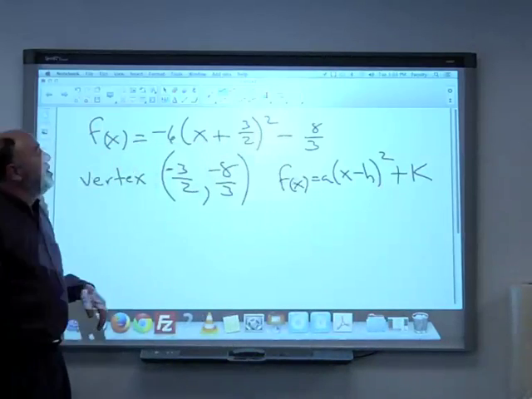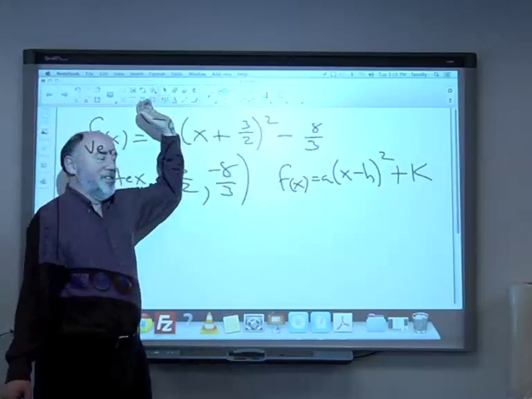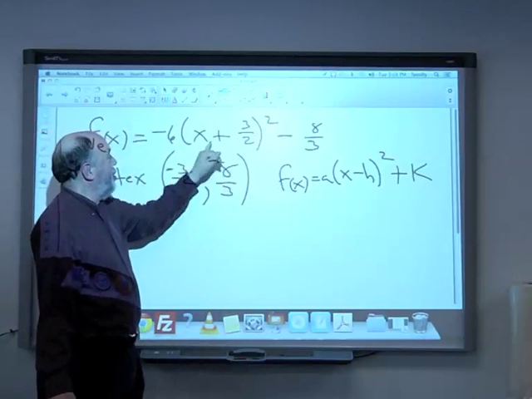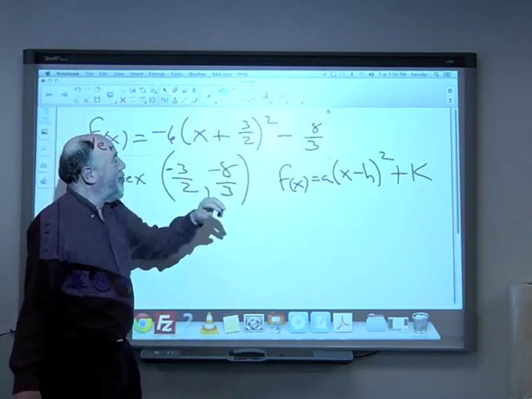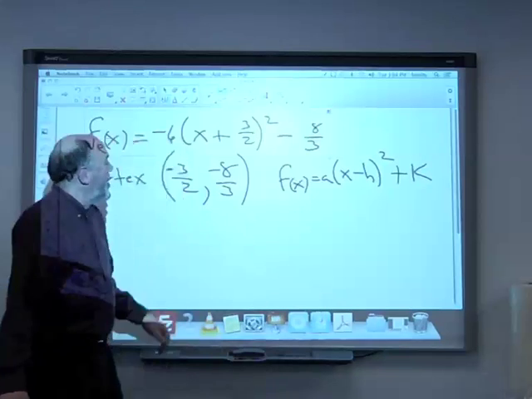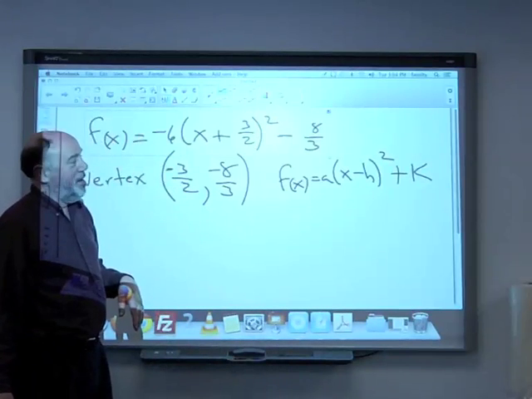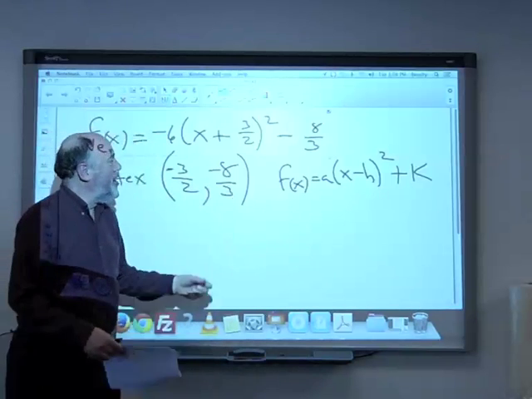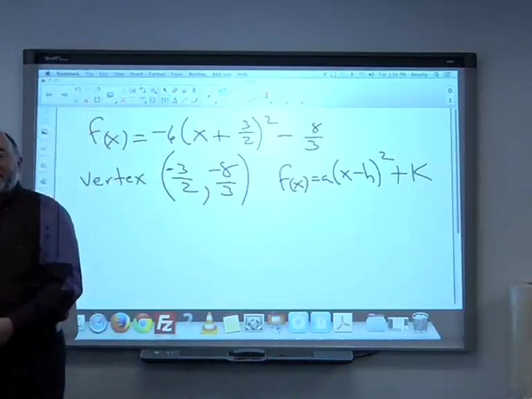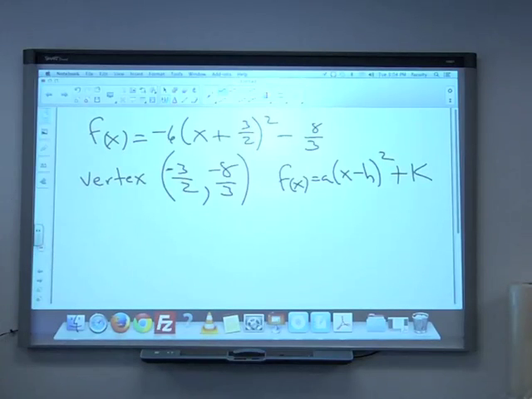Here's my format, which I had a couple pages back. In order for this to be a plus, h itself had to be a negative. And because this is a minus 8/3, k will be the minus 8/3. So that's the vertex, and this parabola is opening downwards. And you tell that by the number up front.